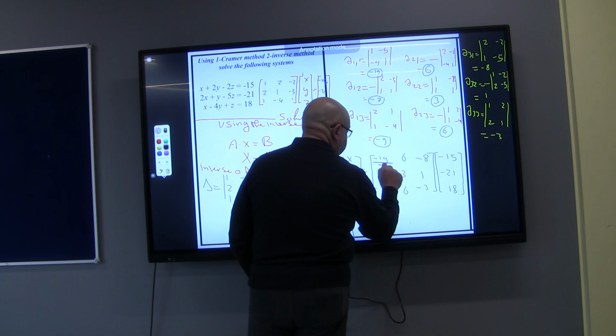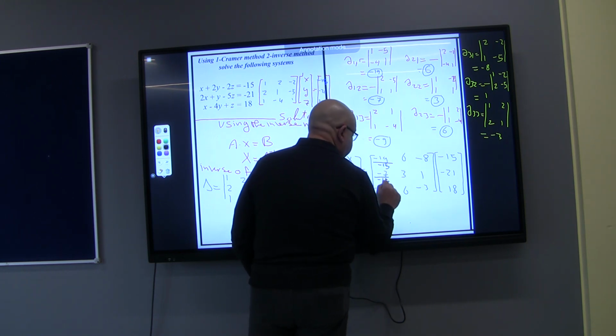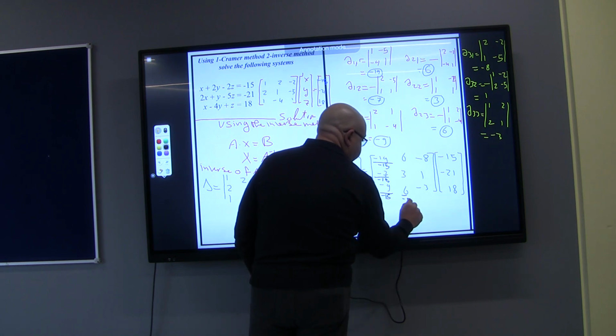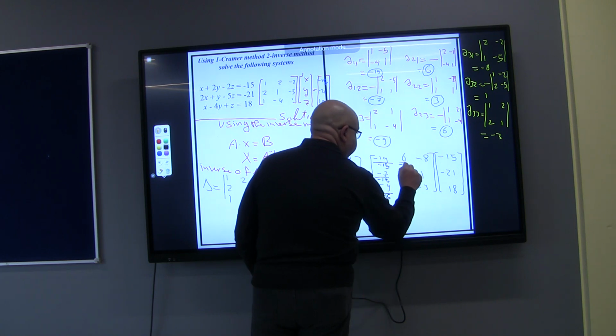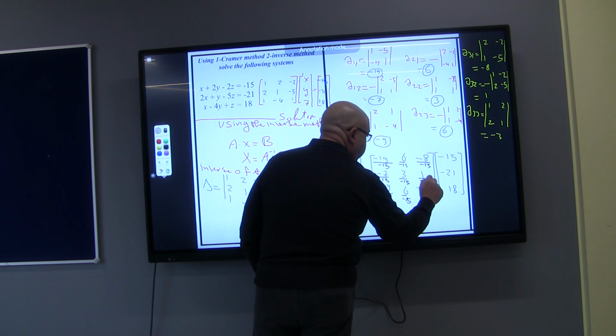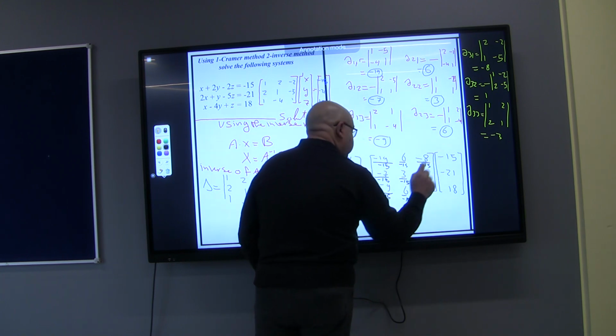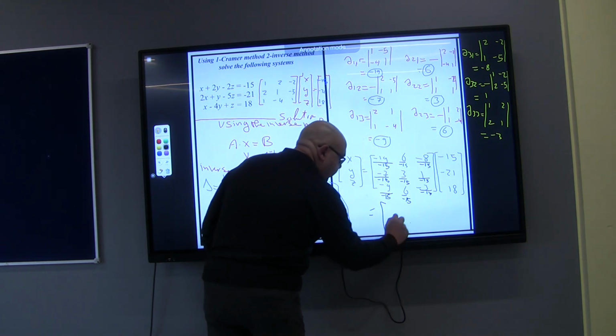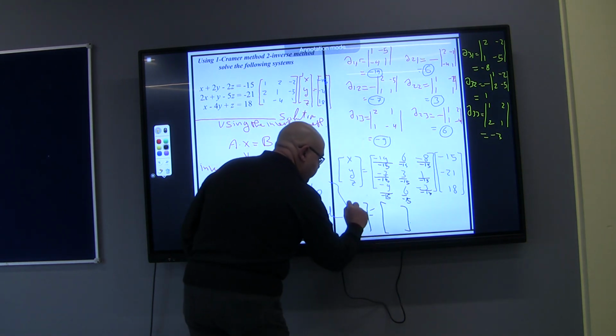It's going to be divided by negative 15, for every element of the matrix. Start multiplying, and then you will get the values of your unknowns, which is simply x, y, and z.